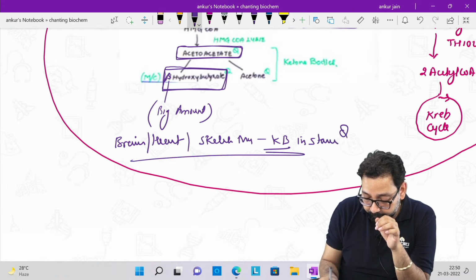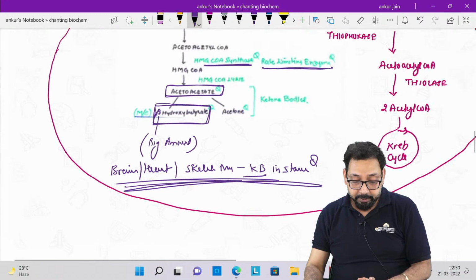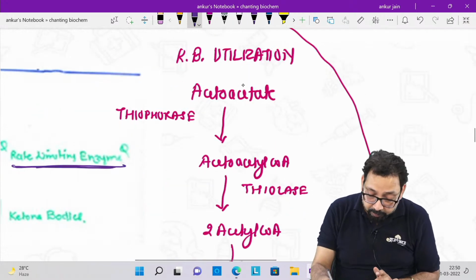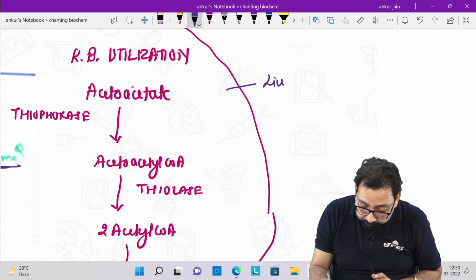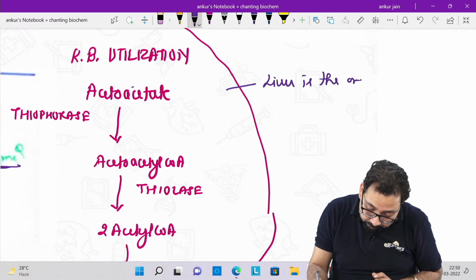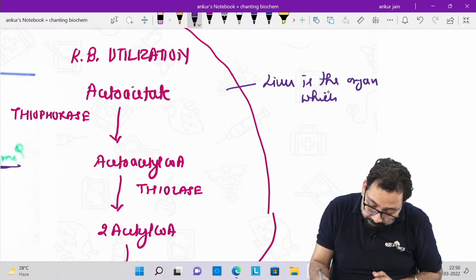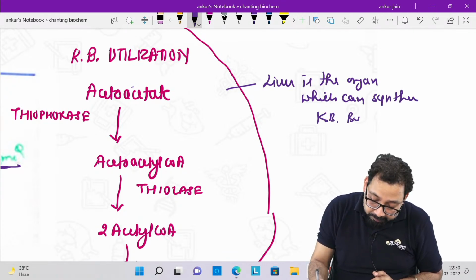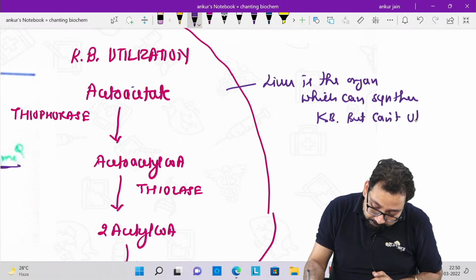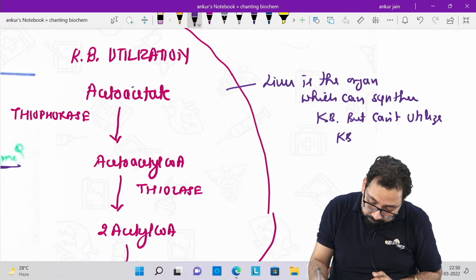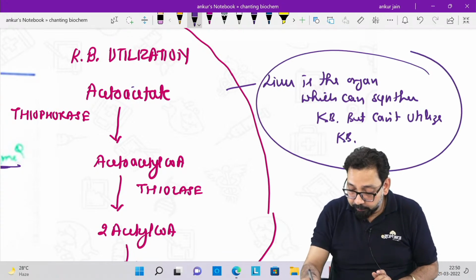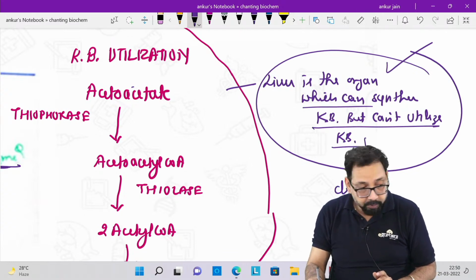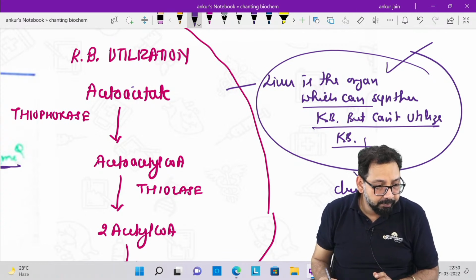Question. Liver is the organ which can synthesize ketone body but can't utilize ketone body due to deficiency of which enzyme?